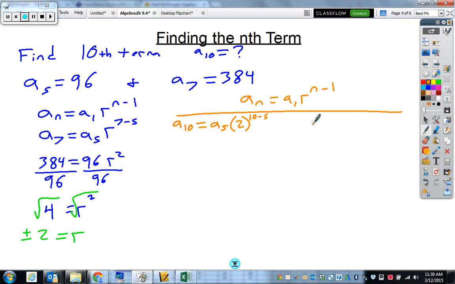And then over to the side, a sub 10 equals a sub 5 times negative 2 to the 10 minus 5. We don't know what a sub 10 is. We know a sub 5 is 96. And 10 minus 5 is 5.